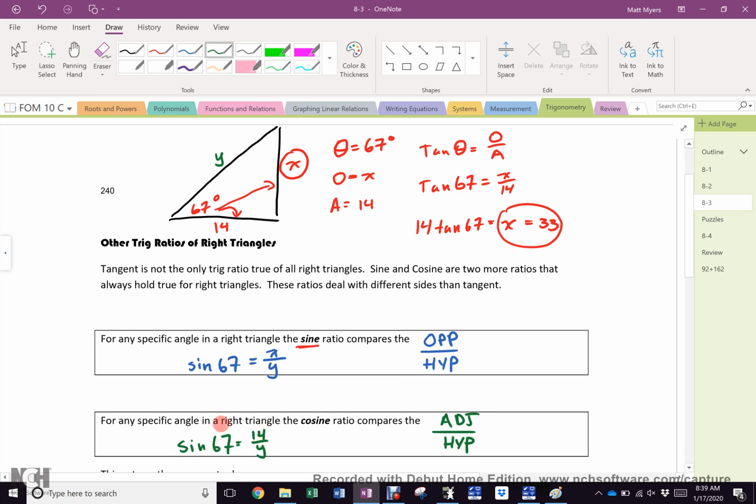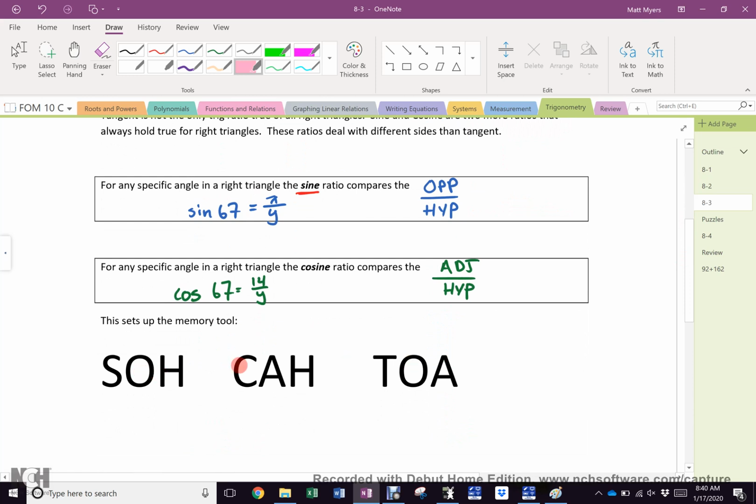Which of these two, blue or green, could we do right now? I could do cos right now. Since I know what x is, I could also do this one, but right now, I can do this one. Everybody cool?